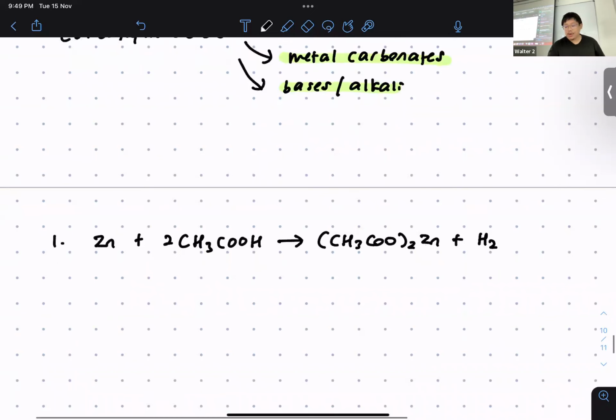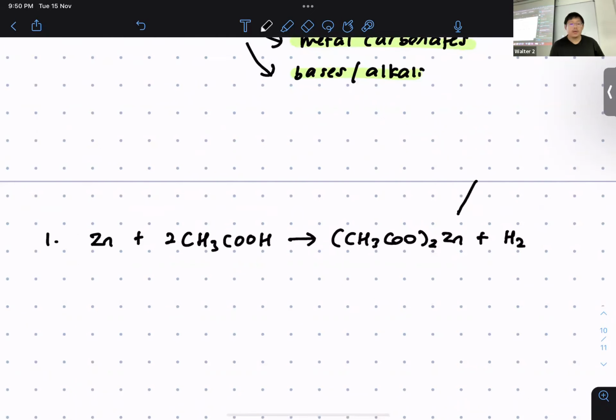Usually we put the cation at the back. Like I explained before, if you take a look at the structure of the carboxylic acid, for ethanoic acid, once dissolved in water, this H here will come off to form H plus.